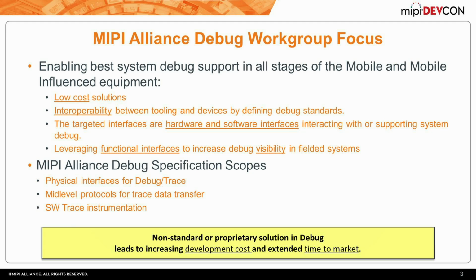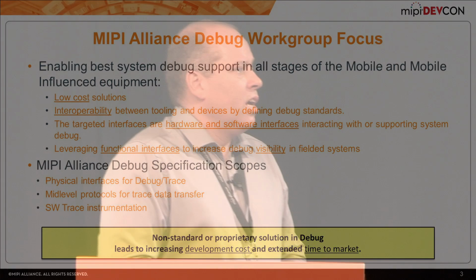So the specifications of the debug workgroup focus around physical interfaces for exporting debug data out of a system, mid-level data protocols for transporting debug data through a design, and also, coming up new, the SyS-T specification for system software trace, software system debugging.